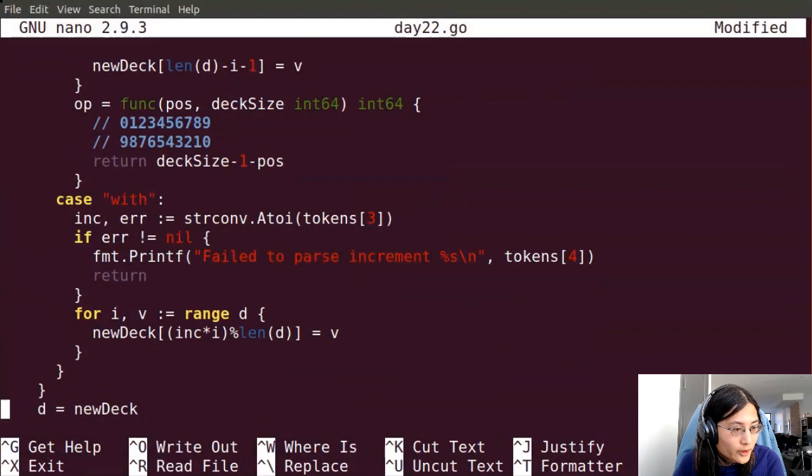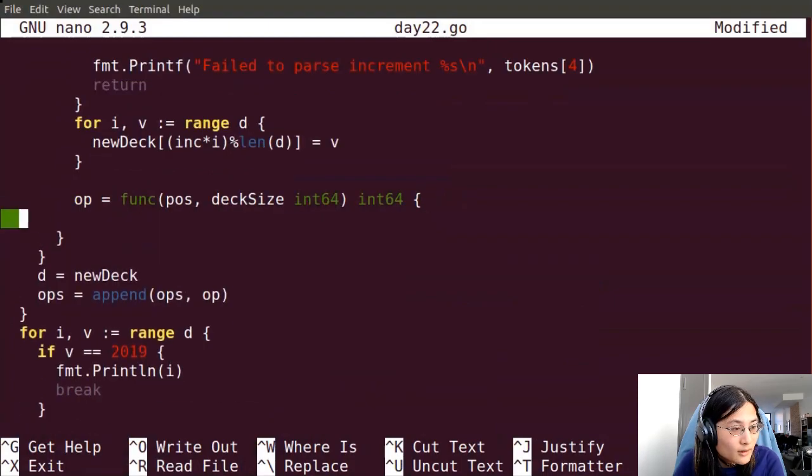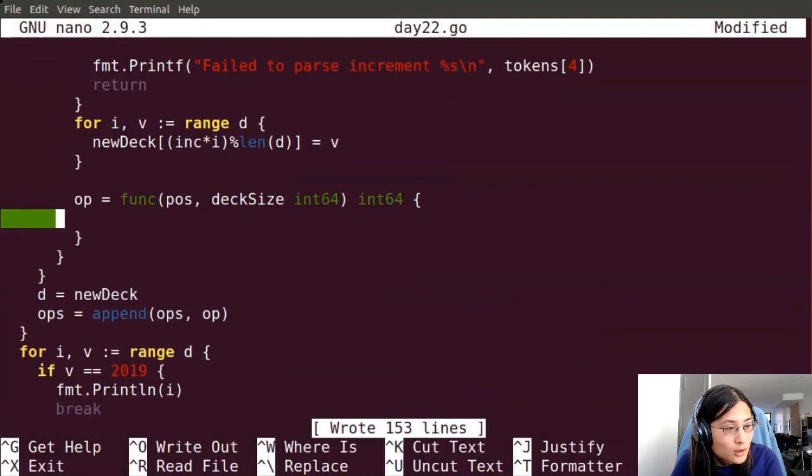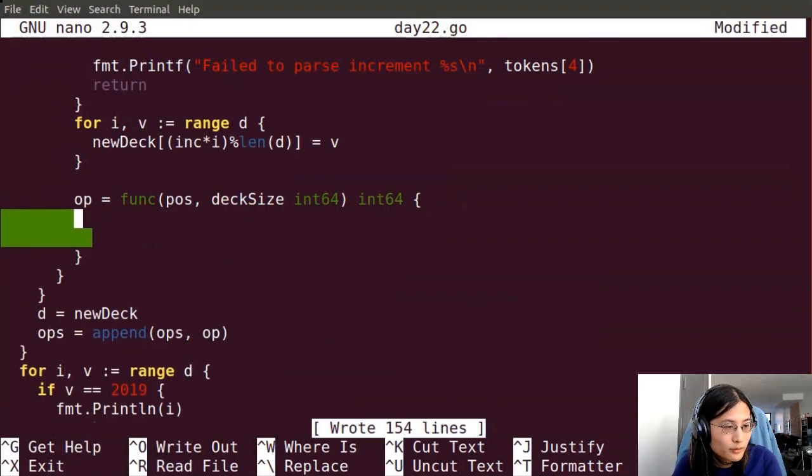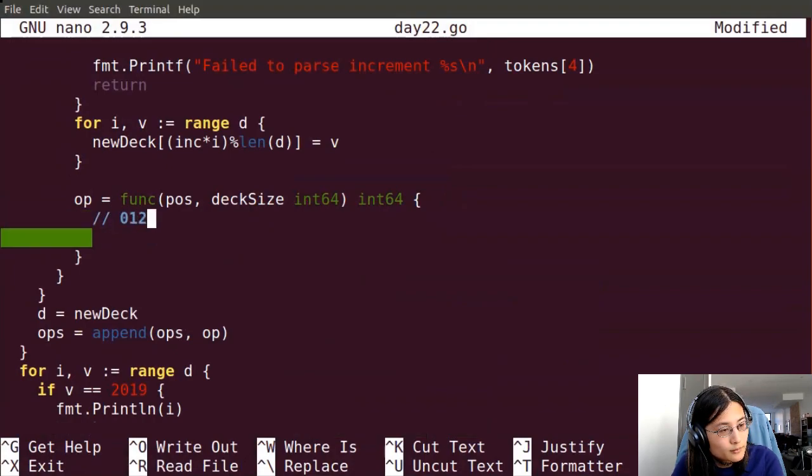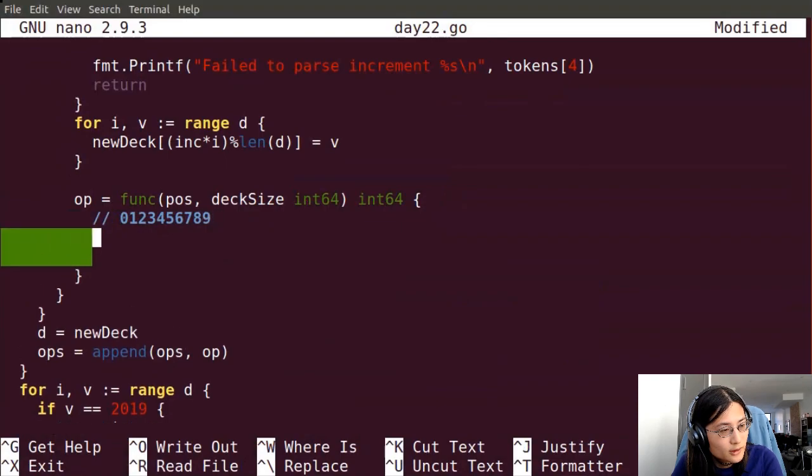Okay, finally this case. All right. How do I reverse this? So if I have something like that, and I do everything mod 3.